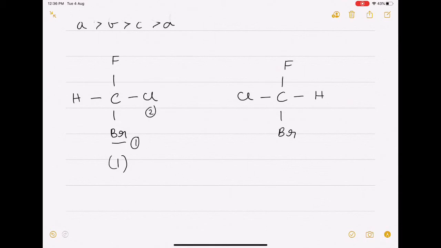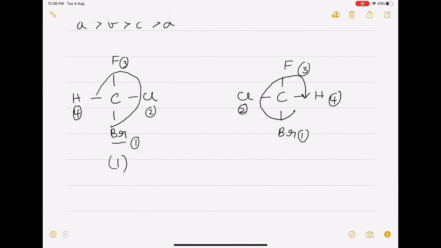Second is chlorine, third is fluorine, fourth is hydrogen. And in this case, it's the same thing: first, second, third, fourth. But if you try to indicate the order here, it goes like this, and here it goes like this. Since this is moving towards the right, this is R configuration, and since this is moving to the left, this is S configuration. Do you get me?